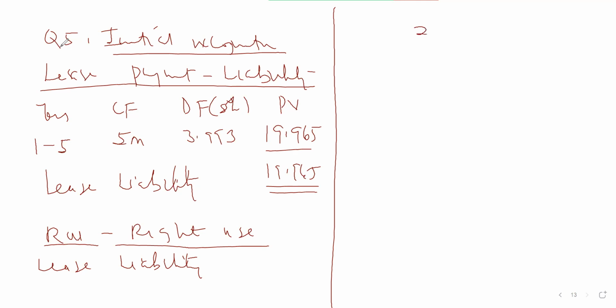If I'm owing you 20 million now, but I've already paid 5 million, it means that what you are giving to me is worth 25 million. So we add the amount that has already been paid. But if it is in arrears, the lease liability that we use will still be 19.65.